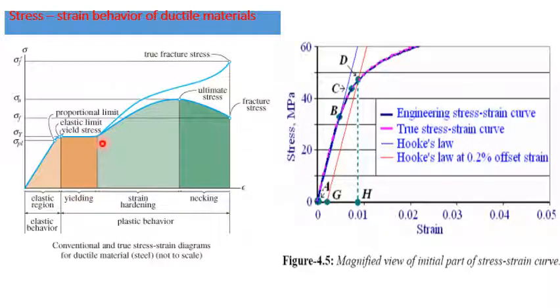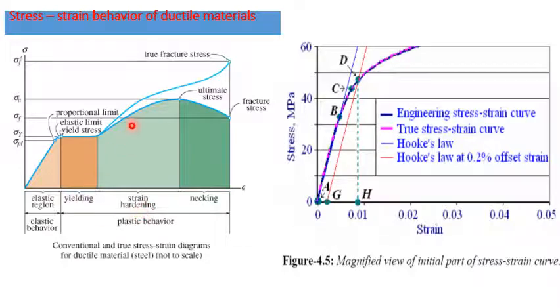The region where the material once again gives resistance to the applied load is called strain hardening. Strain hardening is due to the rearrangement of the atoms. It shows more resistance to the applied load.